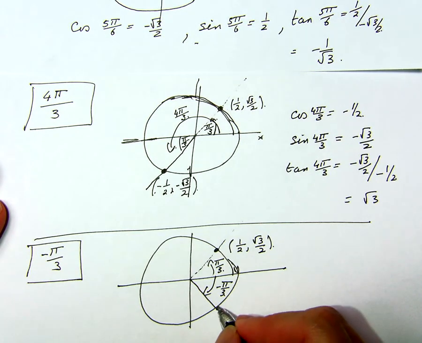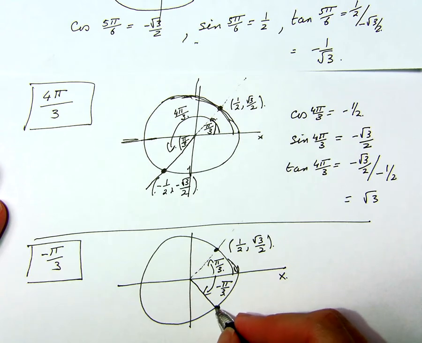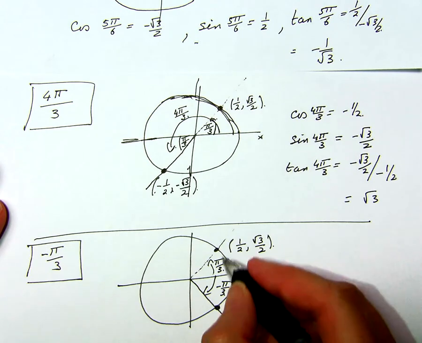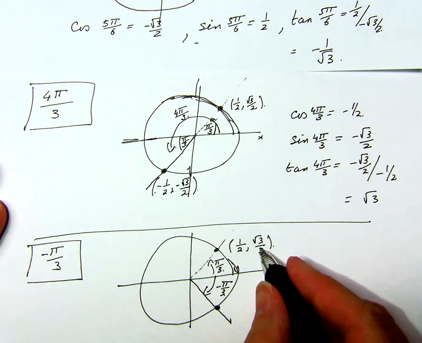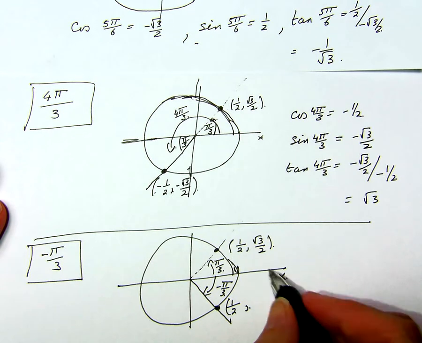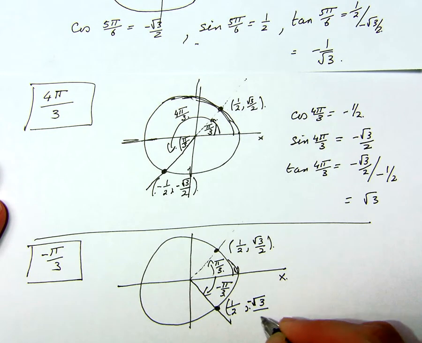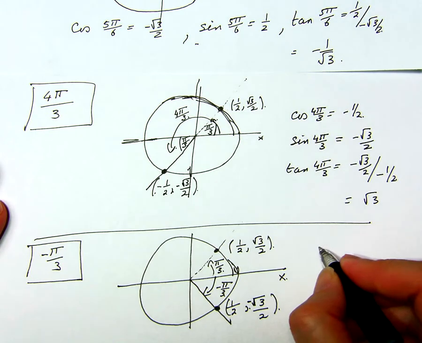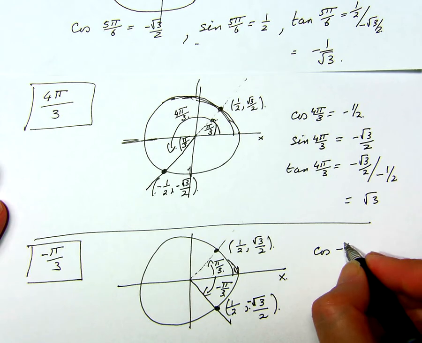And it's the reflection in the positive x-axis of the point that I'm interested in. And what happens when you reflect a point in the positive x-axis? Well, the x value remains the same, but the y value switches to its negative. So the y value here is negative root 3 over 2. And now this gives me sine, cosine, and tangent of the angle negative pi over 3.